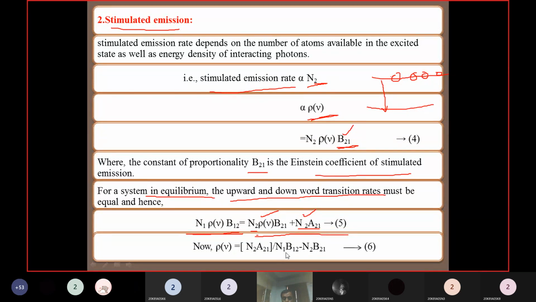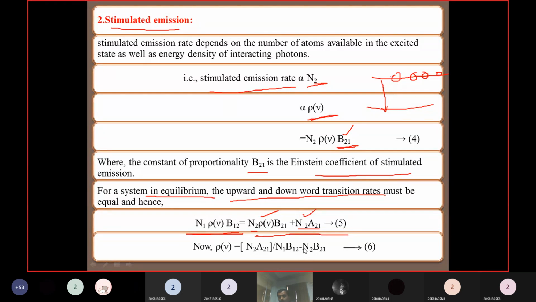There is no N2 term left, so N1 by N2. There is no B21 term, so B12 by B21. This total term is common, so it becomes 1.